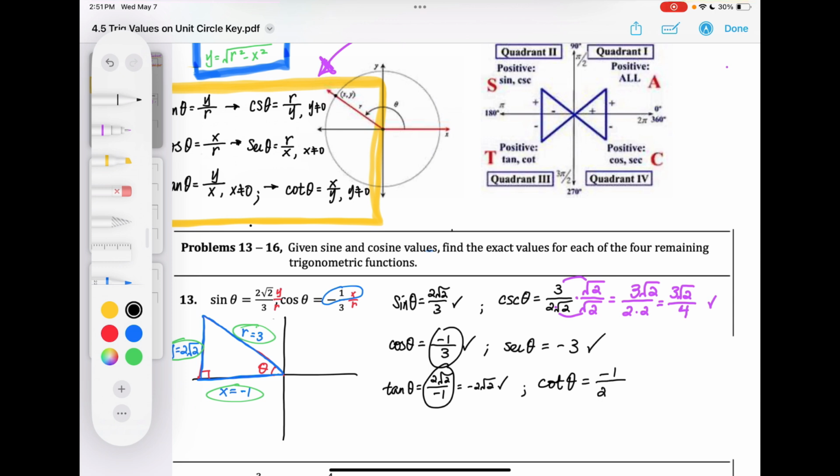So when I flip it upside down, I got -1 over 2 square root 2. This is correct. Now we need to get the perfect final answer. I need to rationalize this, so I need to multiply by square root 2 over square root 2. And when I do the housekeeping, I got negative square root 2 over 4.